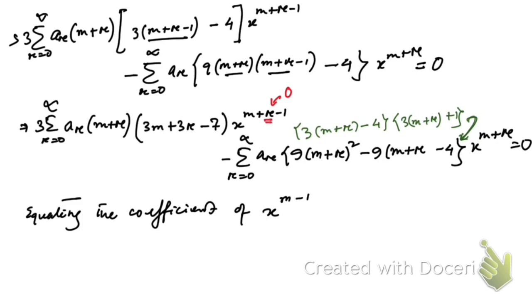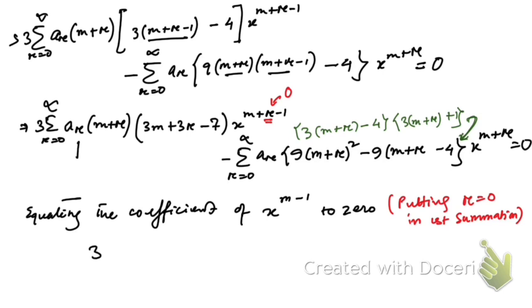So if you put r is equal to 0, then this is equating the coefficients of x to the power m minus 1 to 0, right? Just you have to write putting r is equal to 0 in the first summation. So what we're gonna have here, so we're gonna get 3.